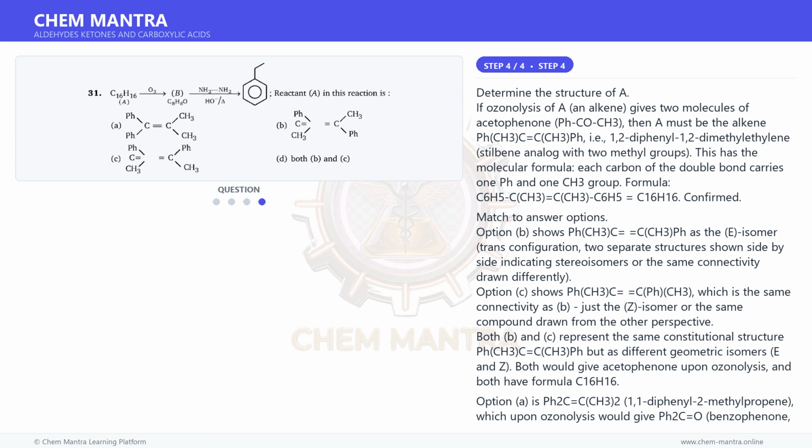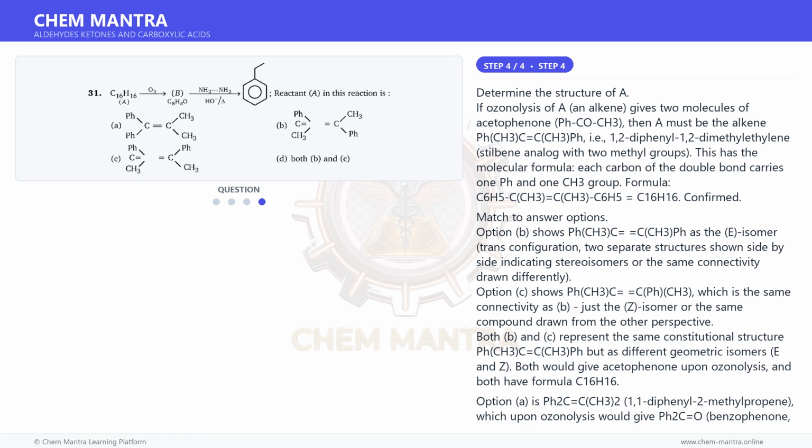Each carbon of the double bond carries one Ph and one CH3 group. Formula C6H5C(CH3)=C(CH3)C6H5 is C16H16. Confirmed. Match to answer options.